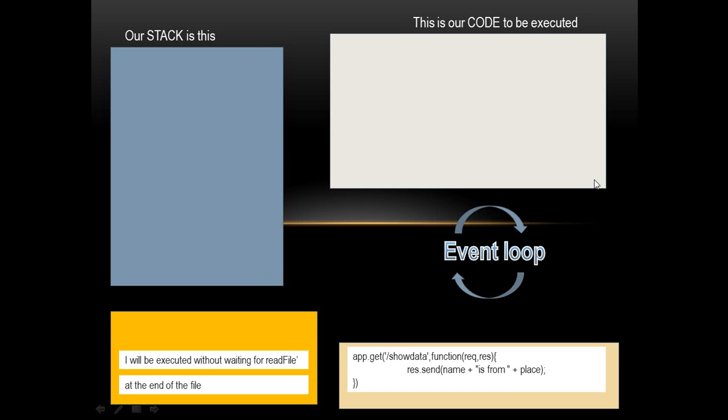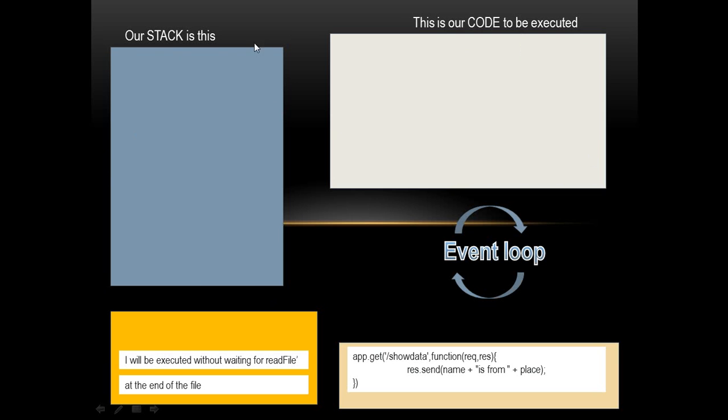So whenever the event loop wants to write out the code that it has in its queue, it goes back to the code that is currently getting executed. It checks whether there is anything left out, apart from what is there in its queue, to be executed in the current call, or in the current function, or in the current scope of the application.